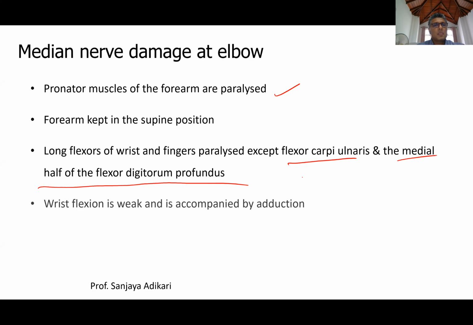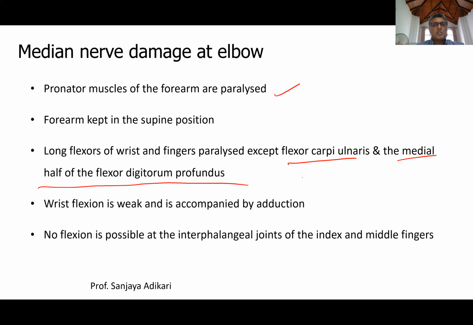That is understood. Then the wrist flexion is weak and is accompanied by adduction, because the flexor carpi ulnaris is not only a flexor of the wrist, it's an adductor of the wrist. Now flexor carpi radialis is not only a flexor, it's an abductor of the wrist. Now that is gone. Because of that, when you flex, you get slight adduction.